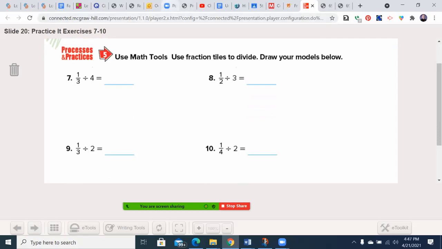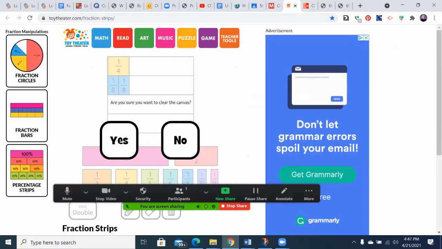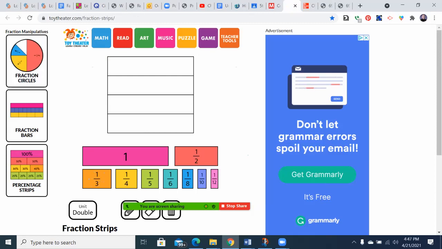Now we're dividing a unit fraction by a whole number. So you're going to find out which piece, and I'll model it here for you. What group of 4, so 4 of one of these will make a third?